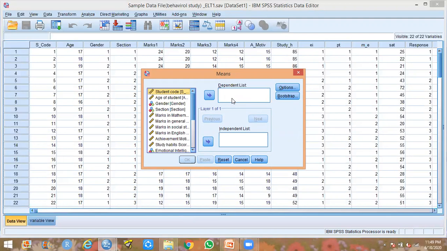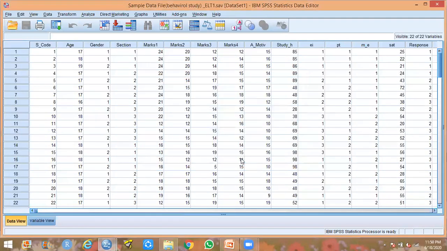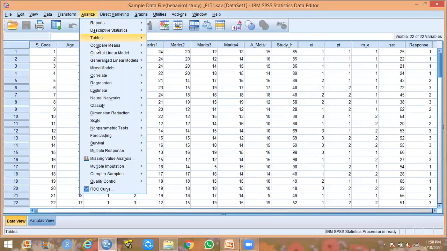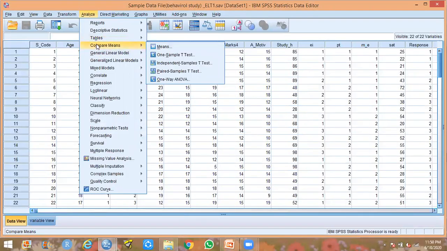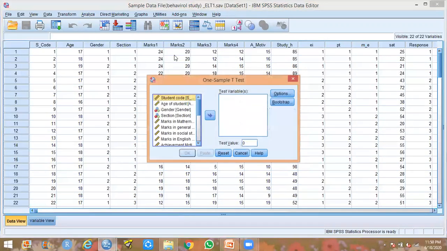Compare means, that is one sample t-test.